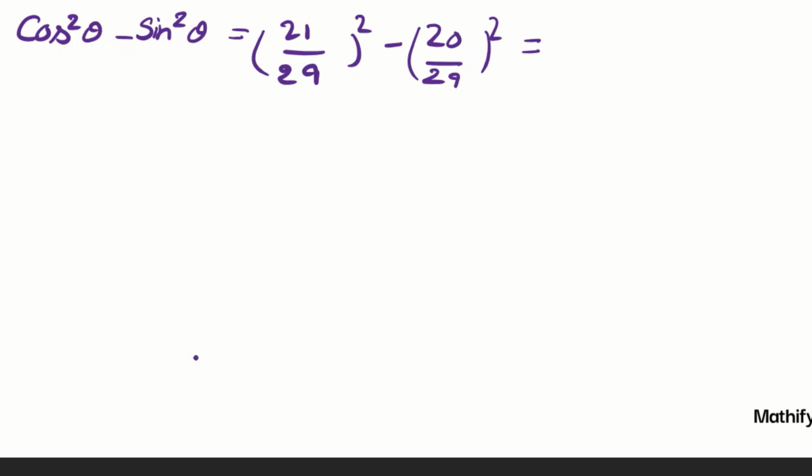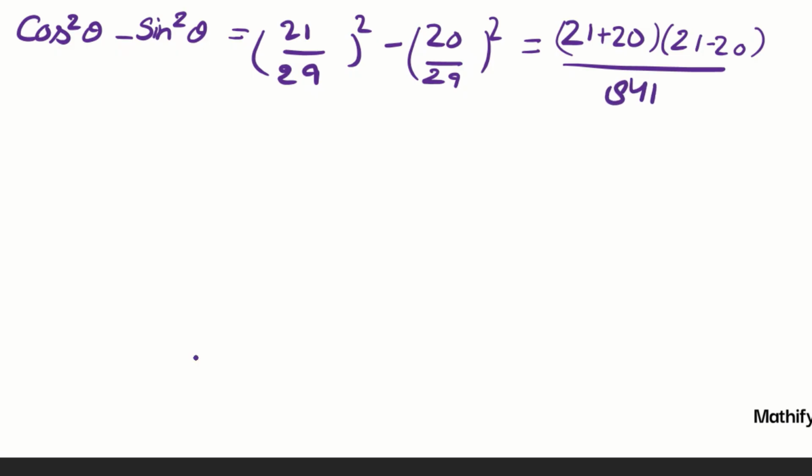We can solve by using 21 plus 20 and 21 minus 20 over 29 square, which is 841. So 21 plus 20 is 41, and 21 minus 20 is 1. So it is 41 upon 841. So this is your answer.